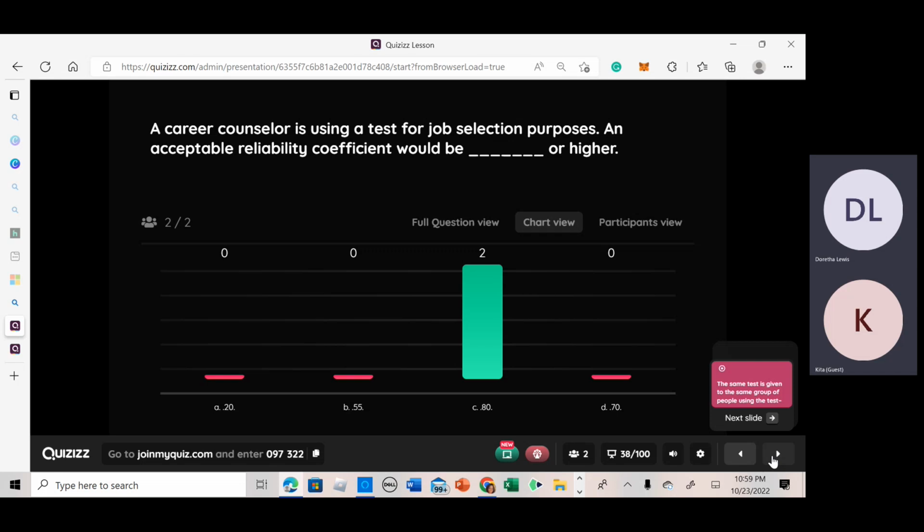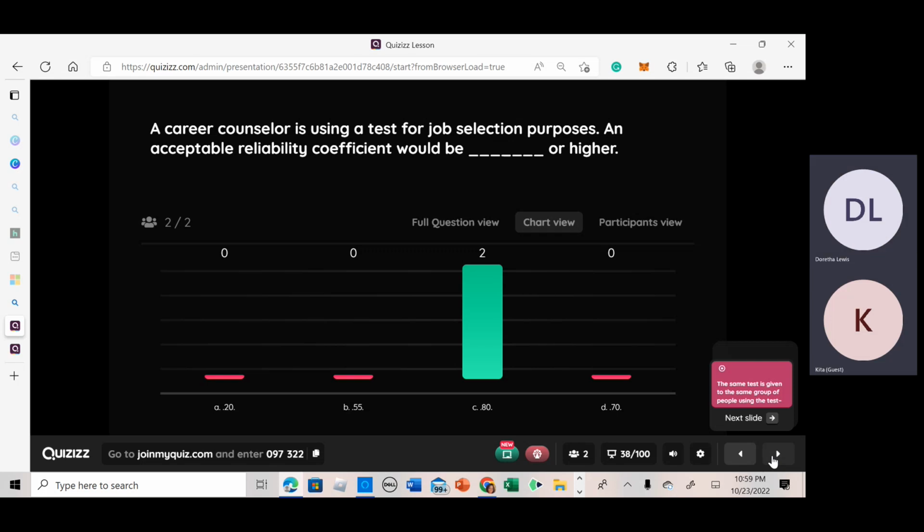So the reason why I picked that is because, remember from the previous one, it said 1.00 is like perfect. So you want to get as close to 1.00 with the reliability coefficient. So that's why I chose 0.80.